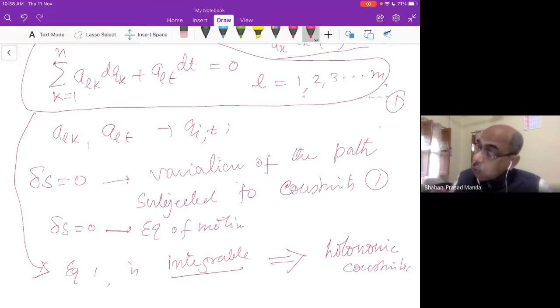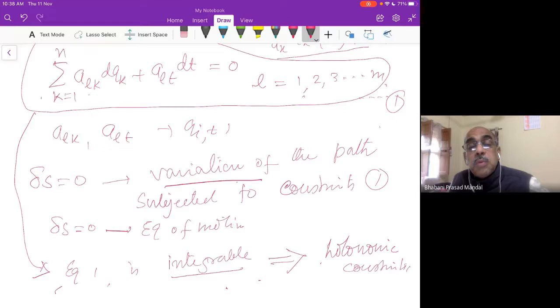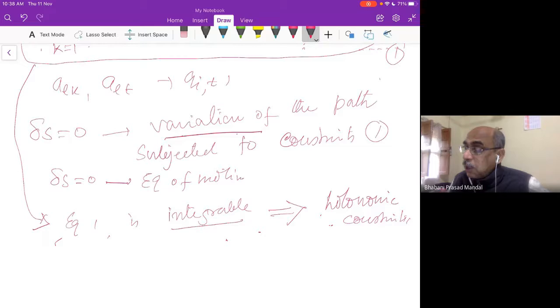If the variation of the path subjected to this condition is possible only when this equation is integrable, that means your non-holonomic constraint will become holonomic. So that will not serve the purpose if we want to do the non-holonomic. This way you can study the holonomic case also.